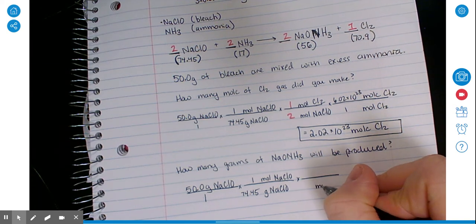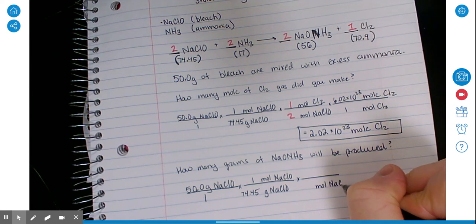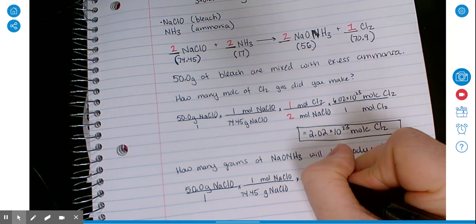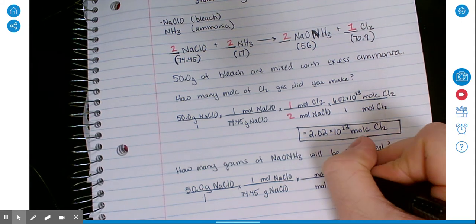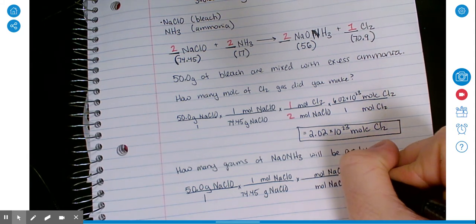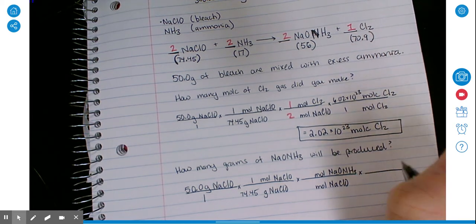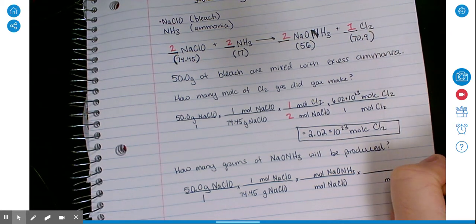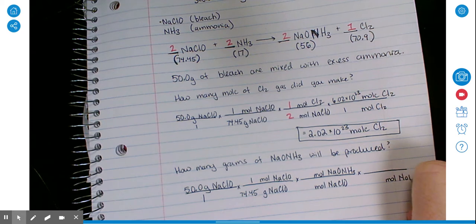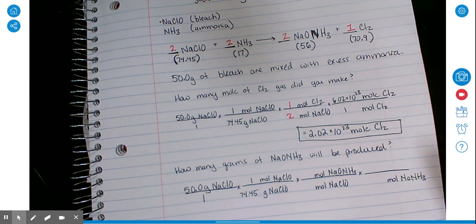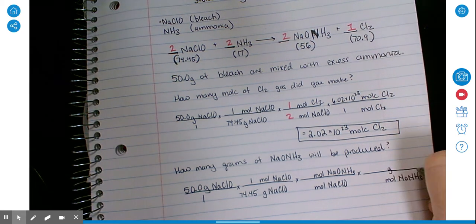From moles of one substance to moles of another. This time we're going to the salt, so NaONH3. From moles of the salt to grams of the salt.